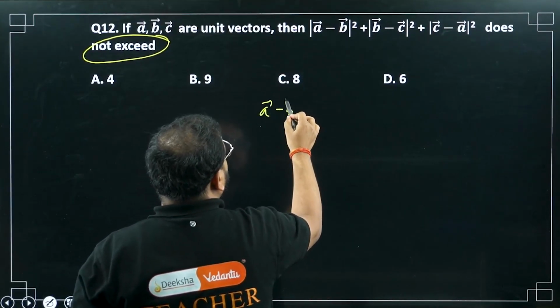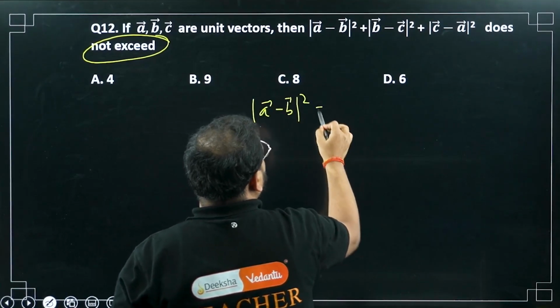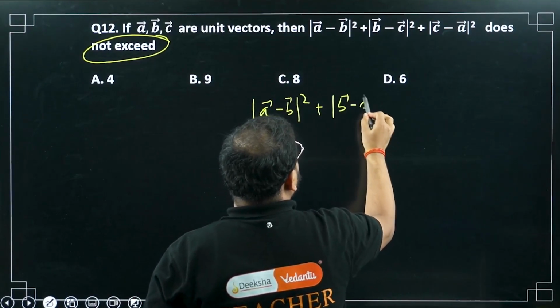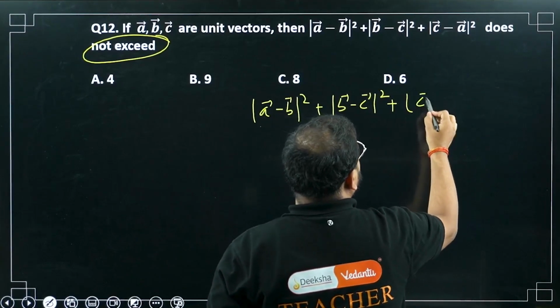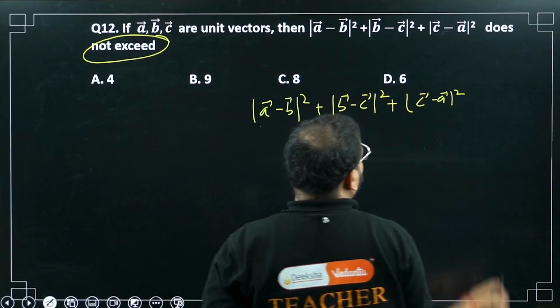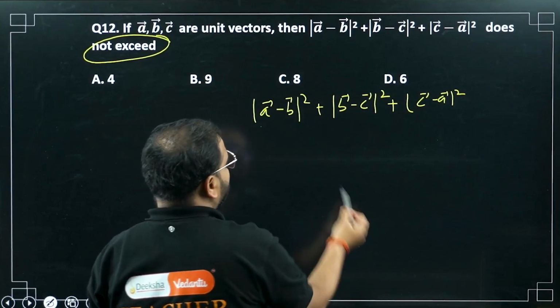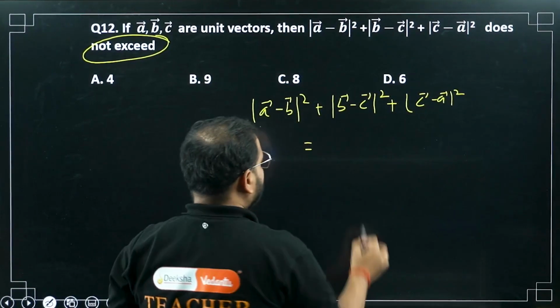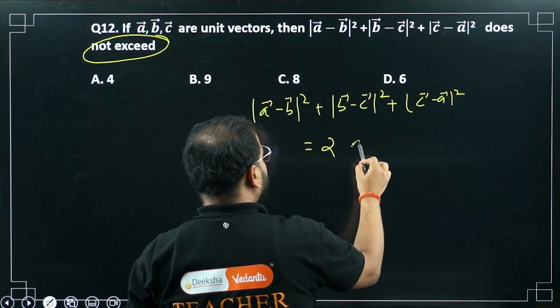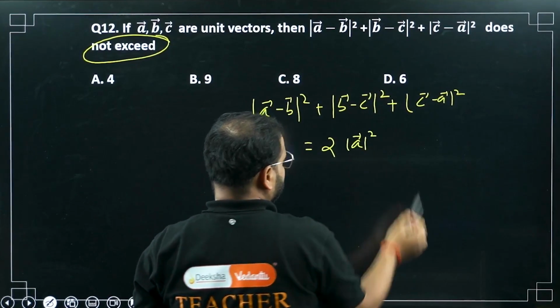A minus B the whole square plus B minus C the whole square plus C minus A the whole square is going to be what, bacha? Tell me here. First of all, you're going to get A square over here and then A square over here. So I can write twice of A square.